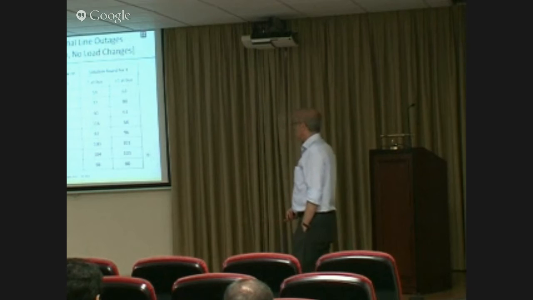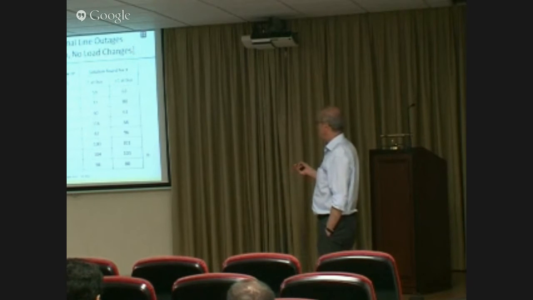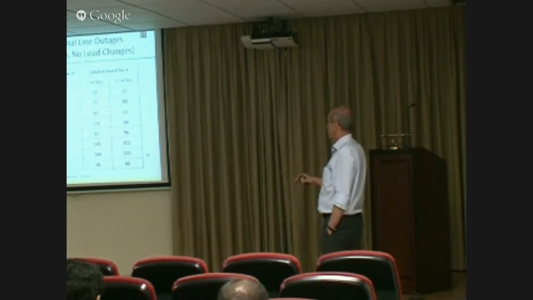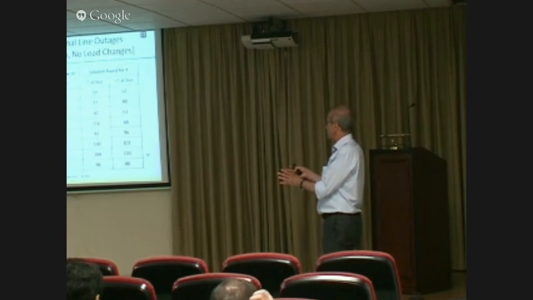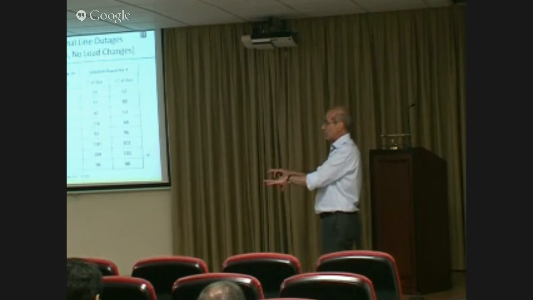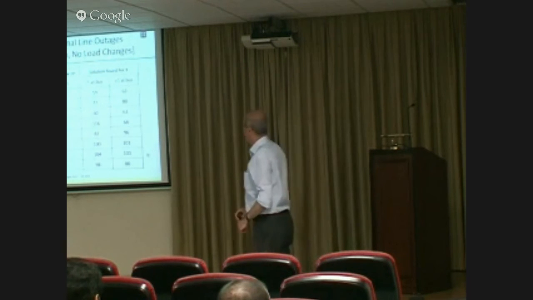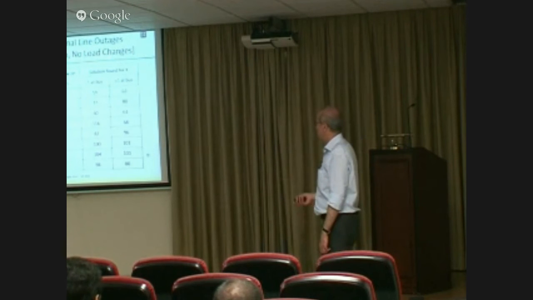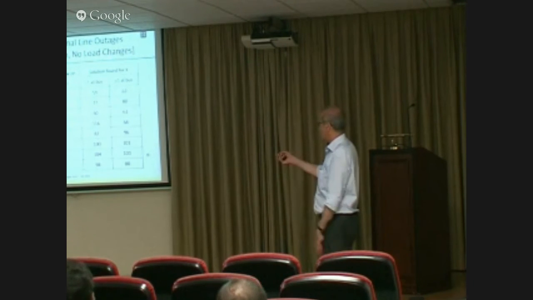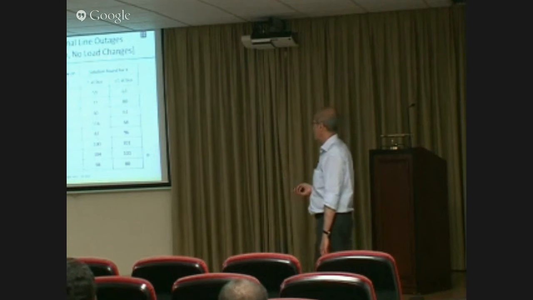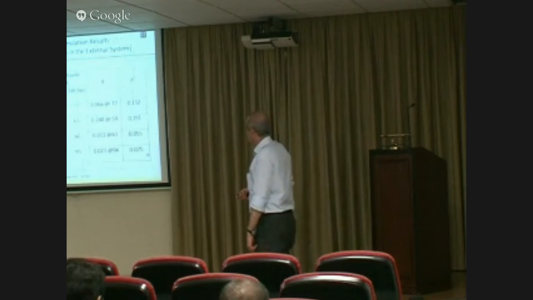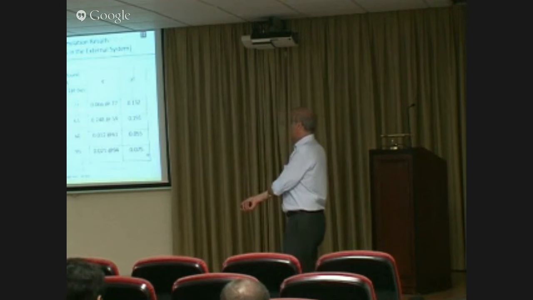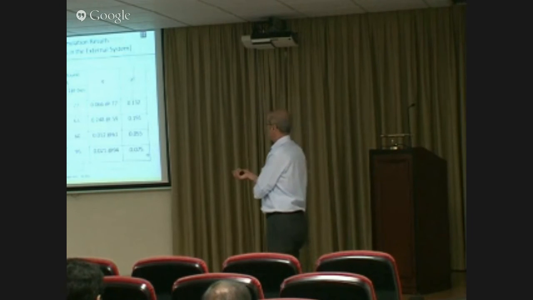But in this case, we are assuming that the load is not changing at all. So from one instant to the next, when you are looking at these changes, you assume that injections are fixed completely, which is not realistic because the system is moving along as you do these things. And also, of course, this is the DC approximation. So then we look at the case where we take into account losses, not the DC approximation.